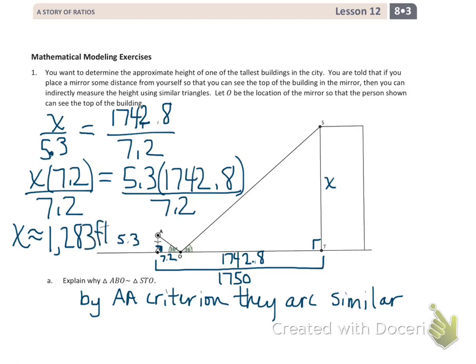So that's how tall our building is, 1,283 feet.